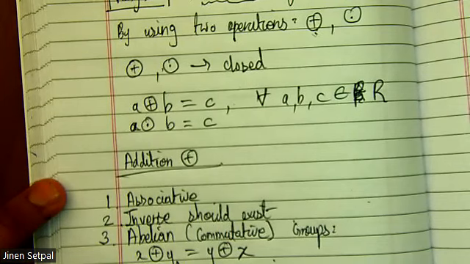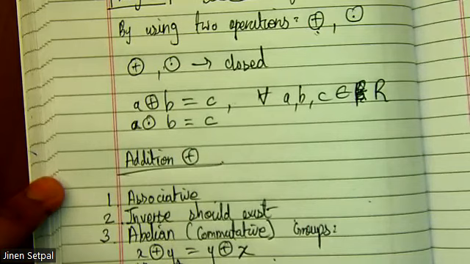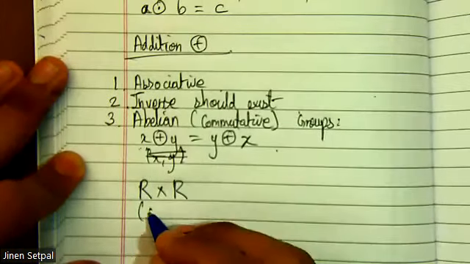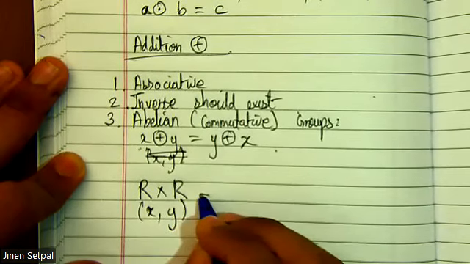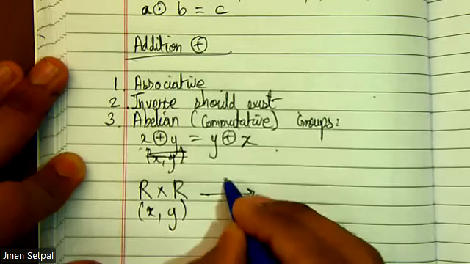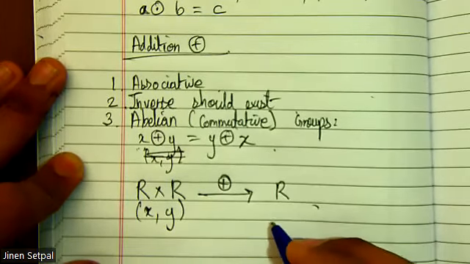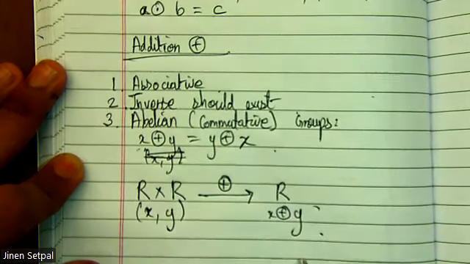We could represent the extraction process as R cross R, where we would get x comma y, and the additive operation would give us our output.